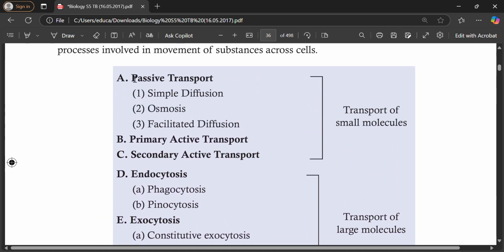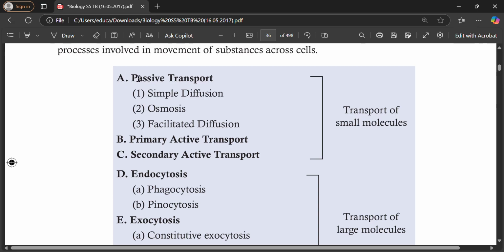The first way of transport across the cell is passive transport. Passive transport has main types: simple diffusion, osmosis, and facilitated diffusion. We also have primary active transport and secondary active transport.